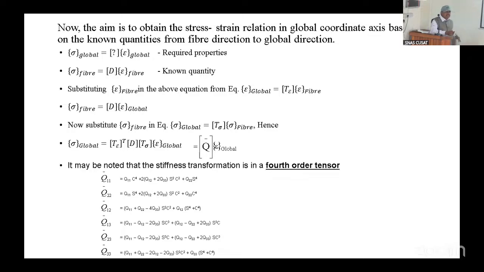Now, I was teaching MTech students, and matrix inverse, everything they do using their mobile phone. All matrix multiplication, inverse, all those things is possible. Because that is possible, these equations you don't have to really learn by heart or study. Here what we wanted to say is that this is a fourth order tensor.